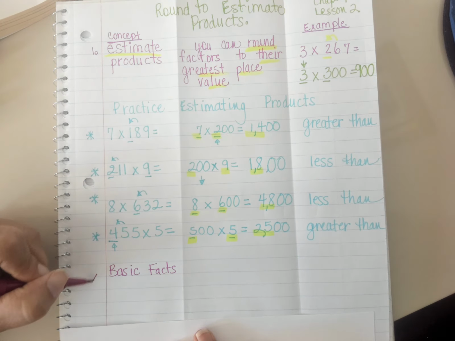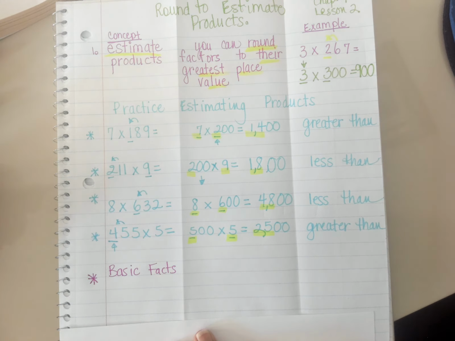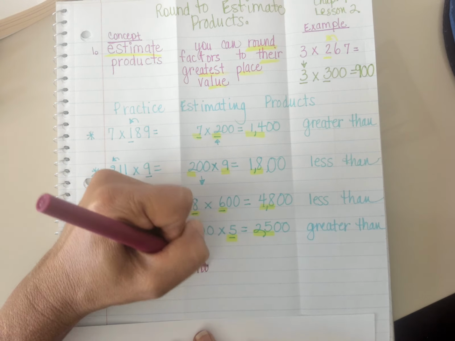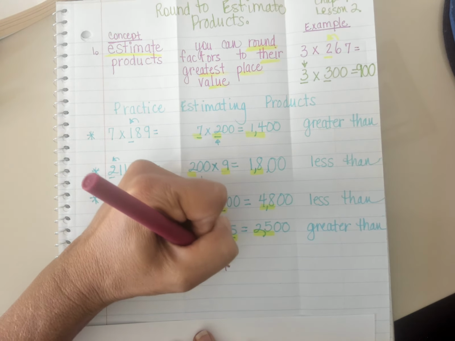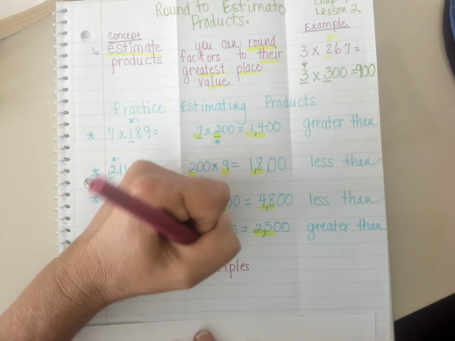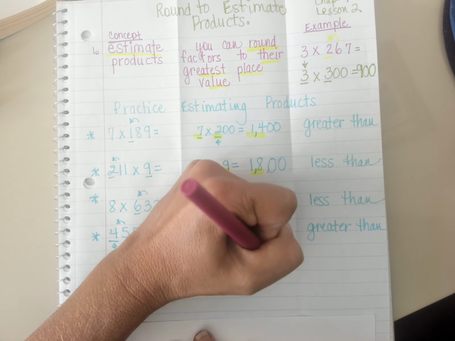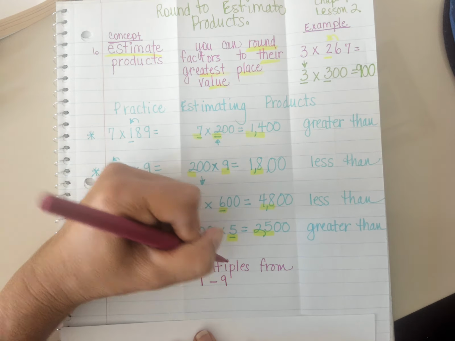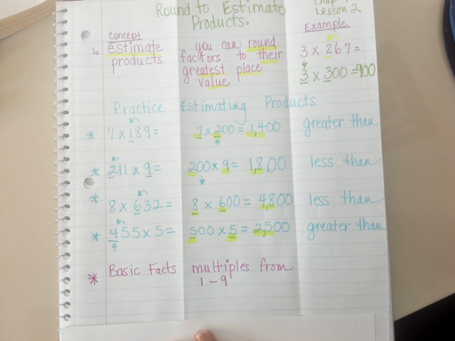I don't even have a definition for you. Multiples from 1 through 9. That works.